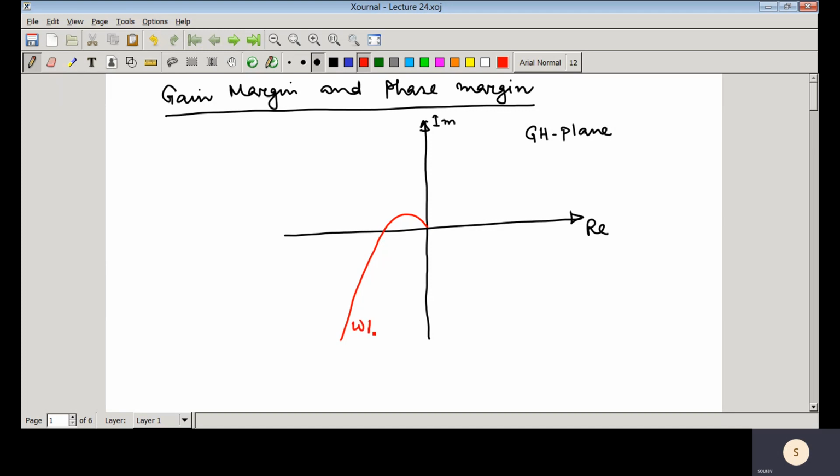Here omega is increasing, this is the origin, and suppose this is the critical point -1. Now if we draw a unit circle passing through this -1 point, with center at the origin, so this is one unit circle.